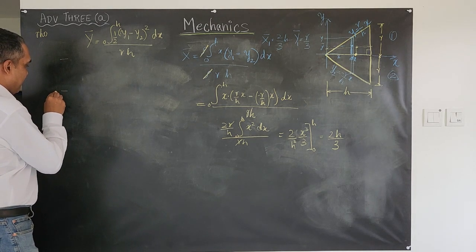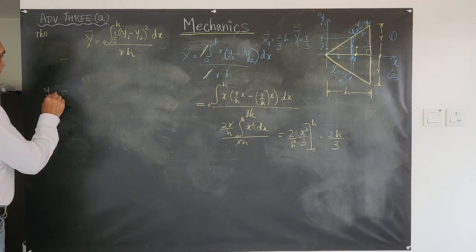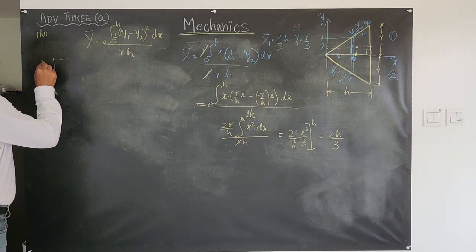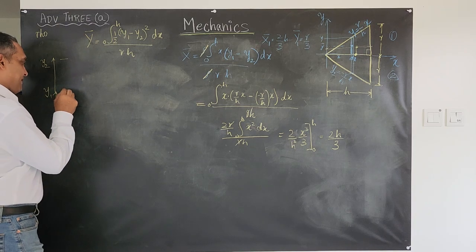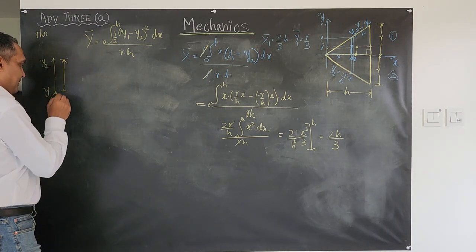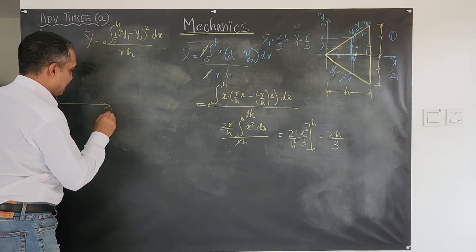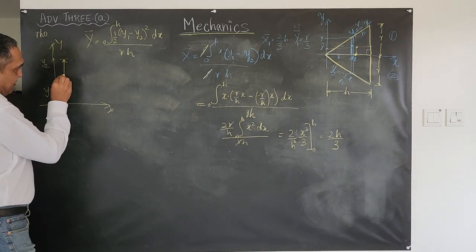So if this was y1 and extending it to y2, what would I get? It's really that space, assuming the xy axis, this is x and this is the y axis, and it's the midpoint here.